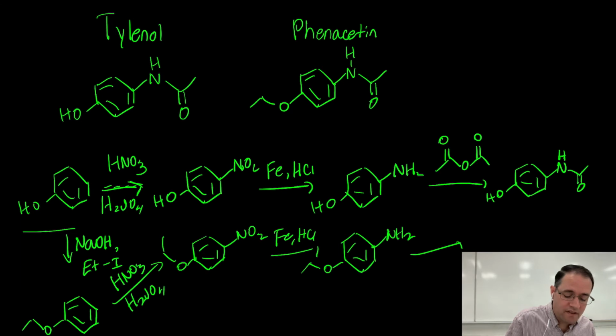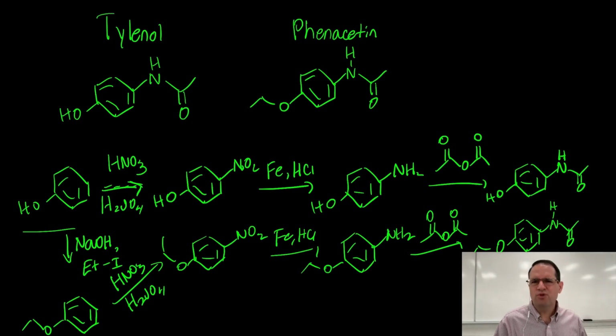And then we could treat that with acetic anhydride, okay? A bit of base added, and that would give us phenacetin, okay? So that's been pulled from shelves in Canada, Mexico, United States. I don't know about Europe or other countries. So anyway, that's phenacetin, okay?